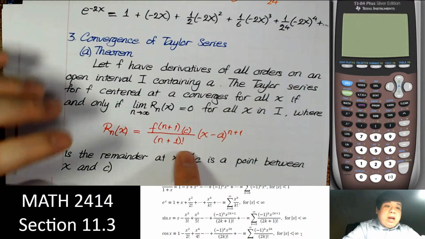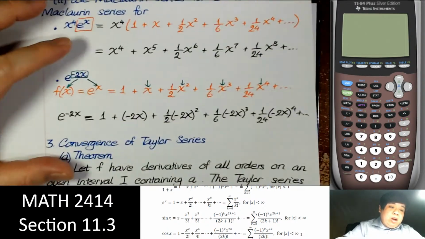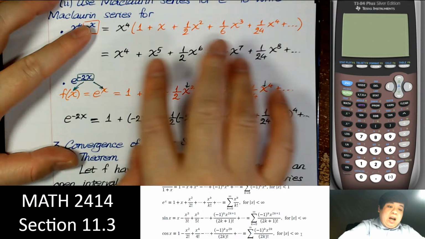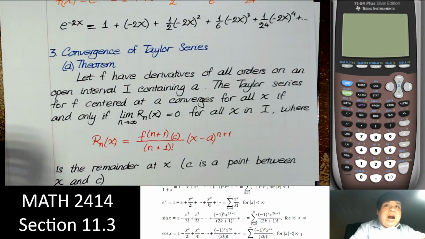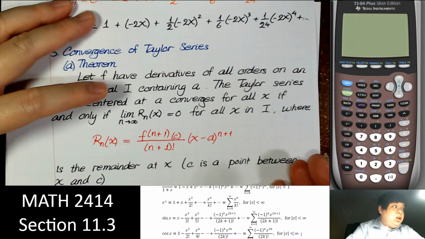So we do the approximation. Instead of doing that for the whole series, we just do that for a few terms, and the remainder will tell us how close our approximation is.